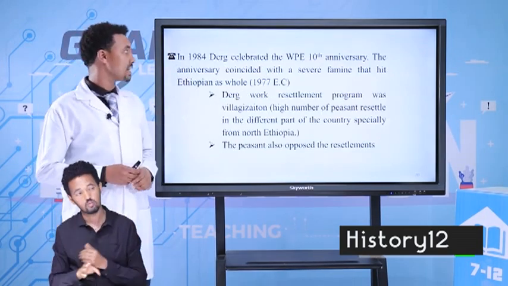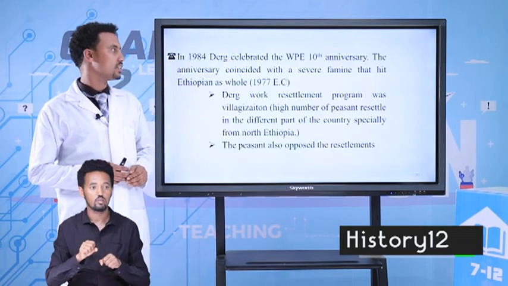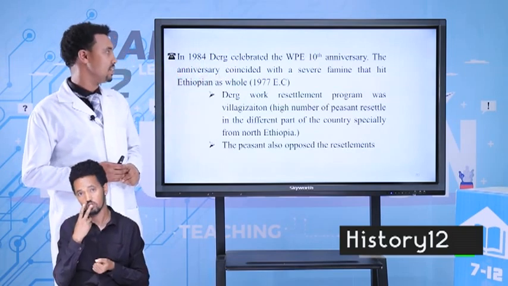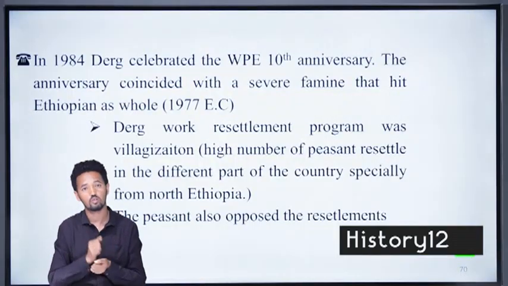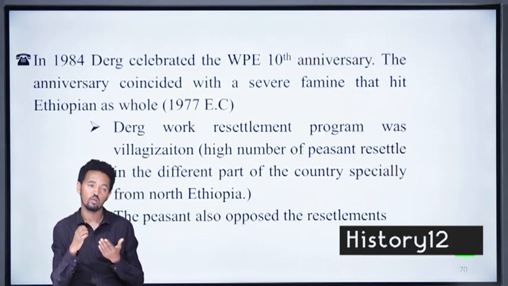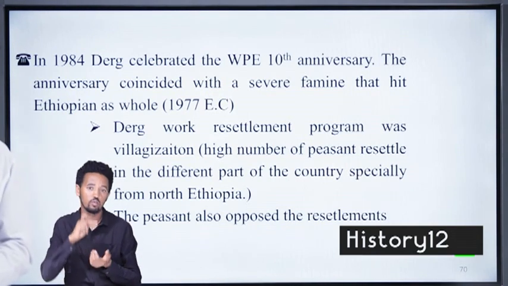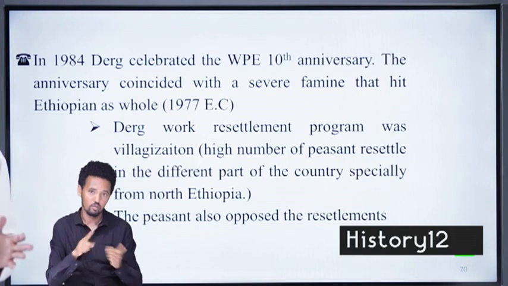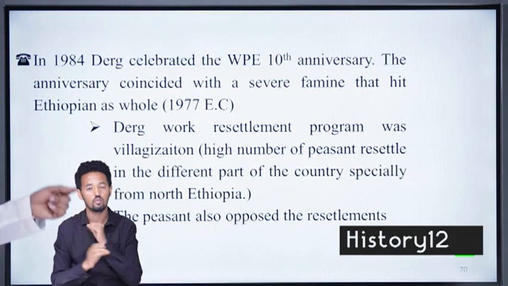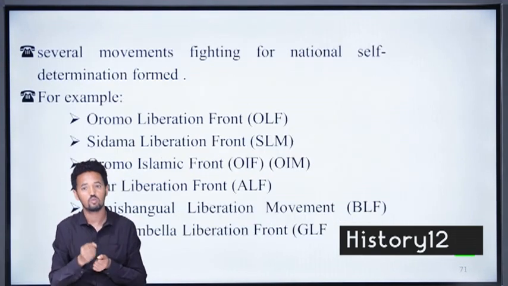By 1984, Dirk celebrated the Worker Party of Ethiopia 10th anniversary. The anniversary coincided with the severe famine that hit Ethiopia as a whole, in Ethiopian calendar, the 1977 Ethiopian famine. Dirk worked a resettlement program in different parts of the country, but different peasants opposed the resettlement of the Dirk.